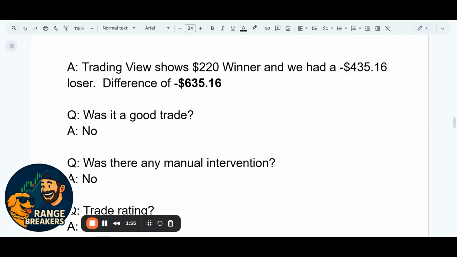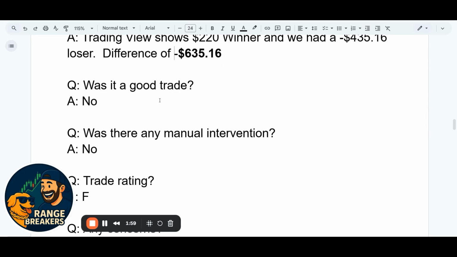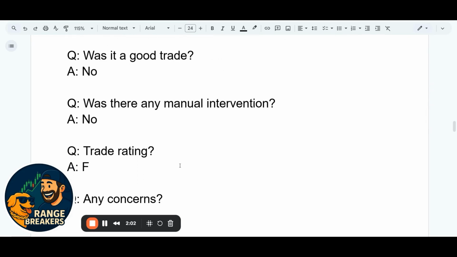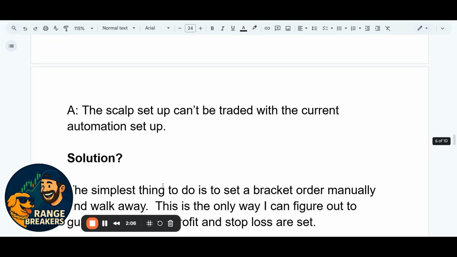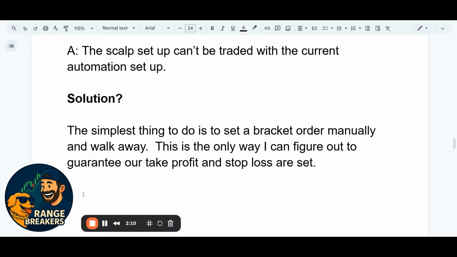So on Tuesday, I had to kill that setup, which is unfortunate. It was not a good trade. There was no manual intervention. So the trade gets an F. Concerns: the scalp setup 100% can't be traded with the current automation setup. But that doesn't mean I'm just giving up. The simplest thing to do is to set a bracket order, which is called an ATM order in Tradovate.